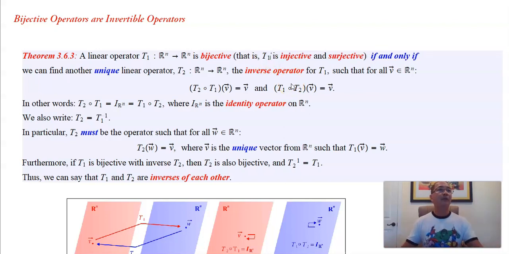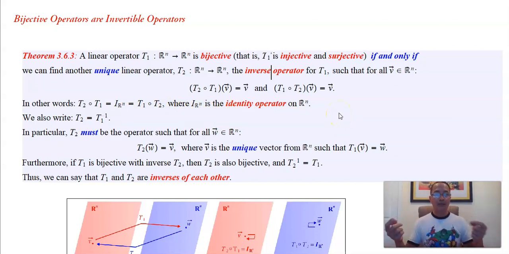If and only if we can find another unique linear operator T2, also going from Rn to Rn, the inverse operator of T1, such that for all V in the domain Rn, T2 composed T1 of V gives you back V, and also T1 composed T2 of V gives you back V. In other words, the composition T2 composed T1 is the identity operator on Rn, and T1 composed T2 is also the identity operator on Rn.